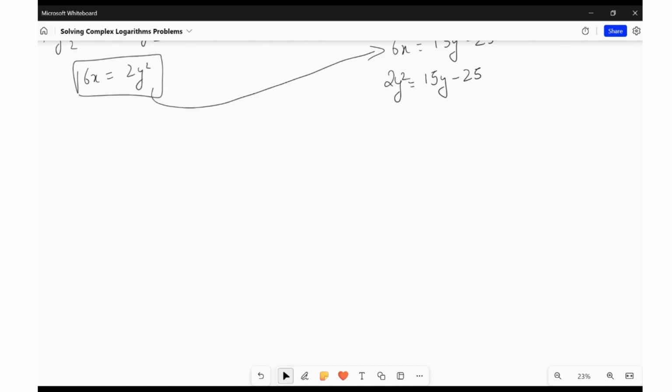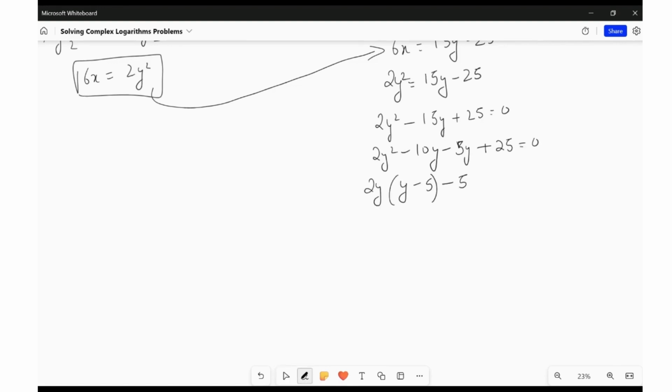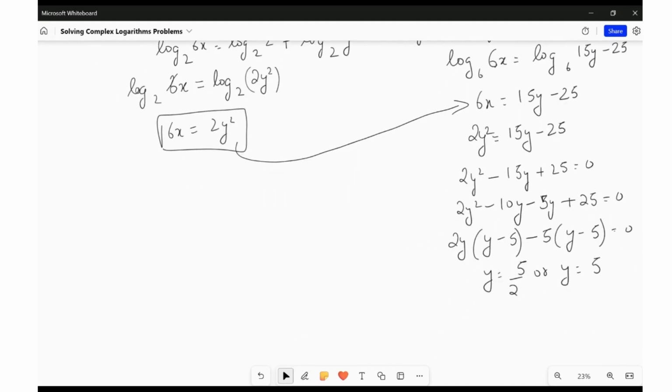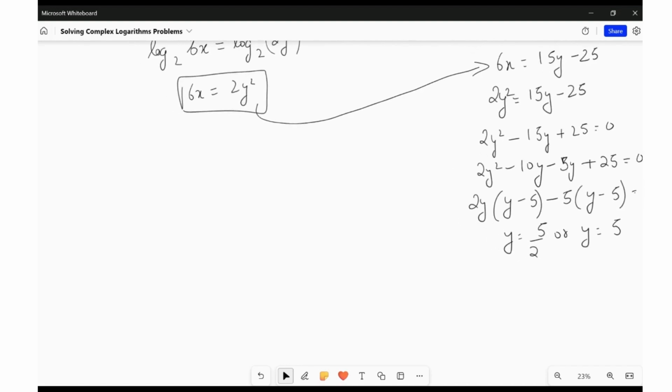And now it's just a quadratic equation. 2y square minus 15y plus 25 is equal to 0. 2y square minus 10y minus 5y plus 25 is equal to 0. 2y, y minus 5, minus 5, y minus 5 is 0. So we got y as 5 by 2, or y is equal to 5. Now we just put the y value in this and we get the value of x.